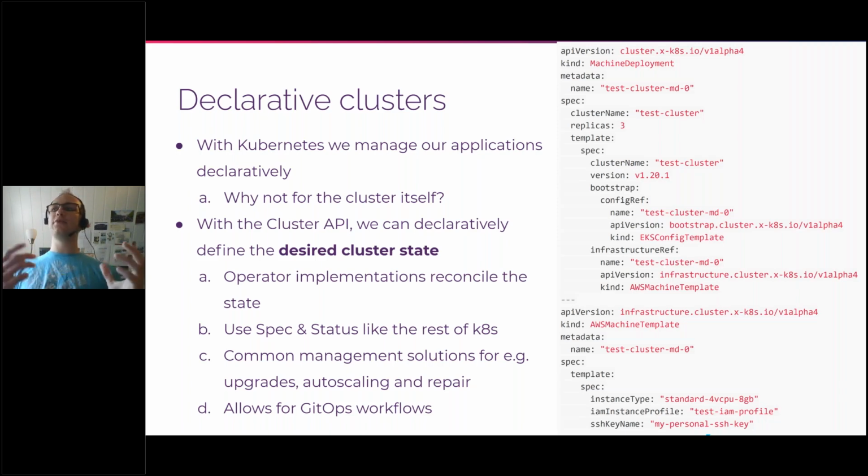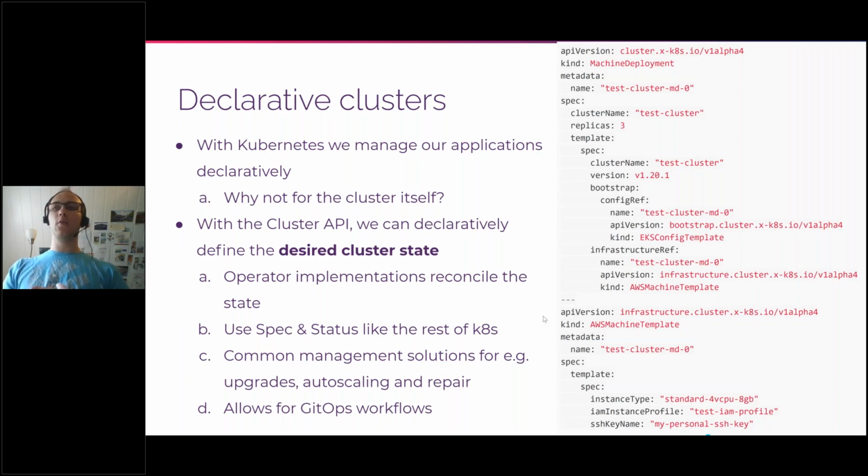And if we change the desired state to only 3 nodes should be running, then it's going to turn off the 3 extra nodes. So things like that, but it's always declarative, like we can see on the right here. And it has spec and it has status, so the normal Kubernetes API style.